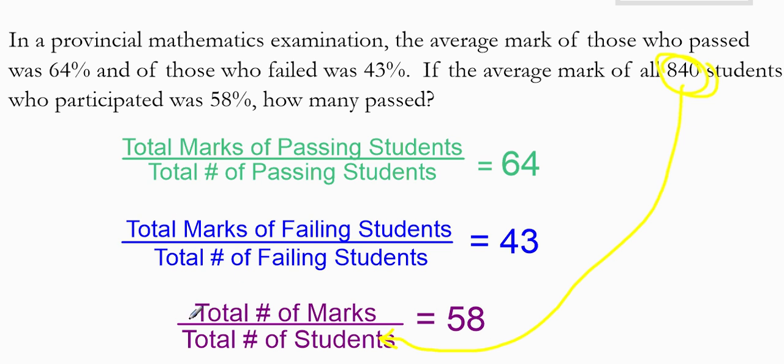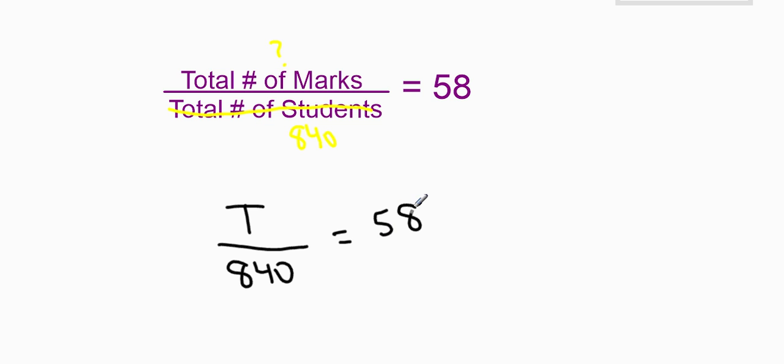So let's use that information and we'll complete this purple calculation a little more carefully. Going to the next page, here we have, again, the total number of marks. I don't know what that is, but I do know that there were 840 students. So let's go ahead and do this calculation. I'll use T temporarily to represent total. So total number of marks divided by 840 is 58.